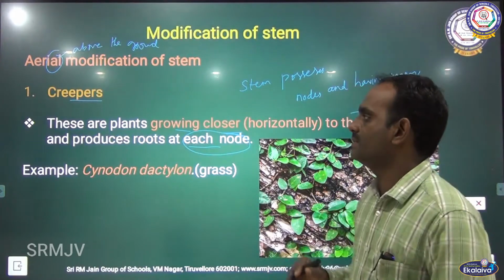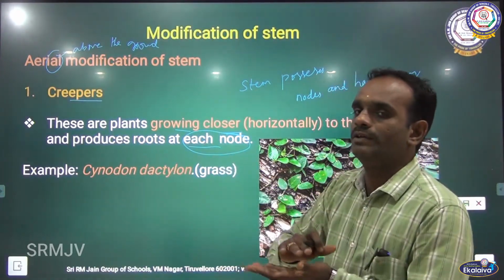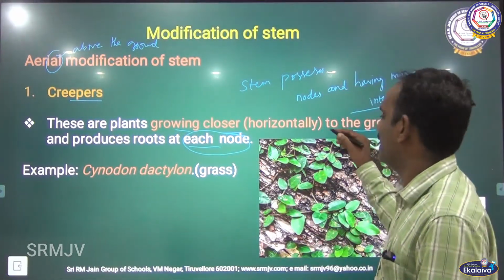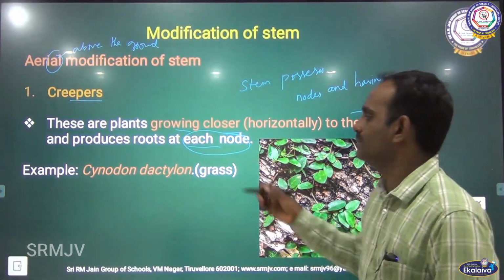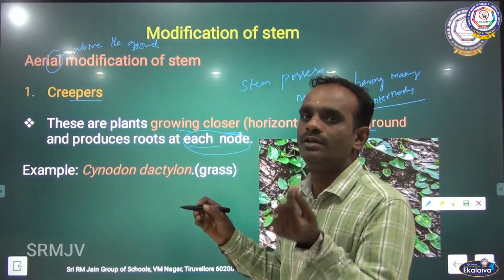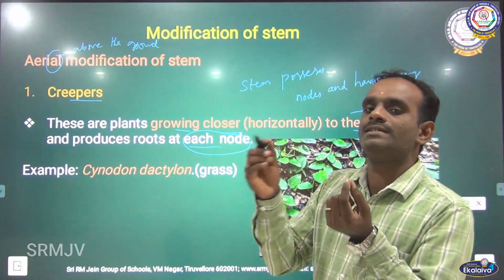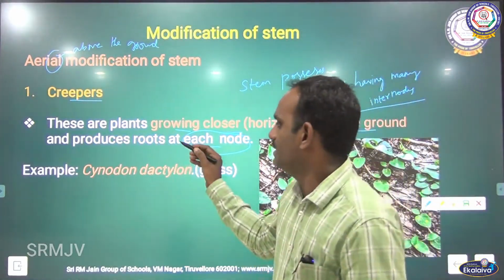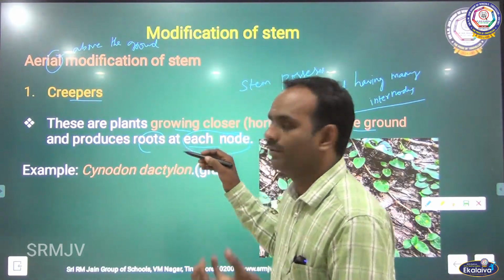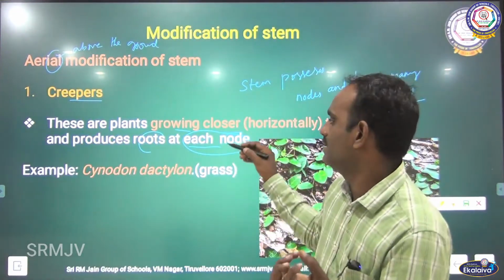So these creepers grow very close to the ground, horizontally to the ground, and produce roots at each node. Nodes are the initial part, from there only the branches will arise. So roots will arise at each node.